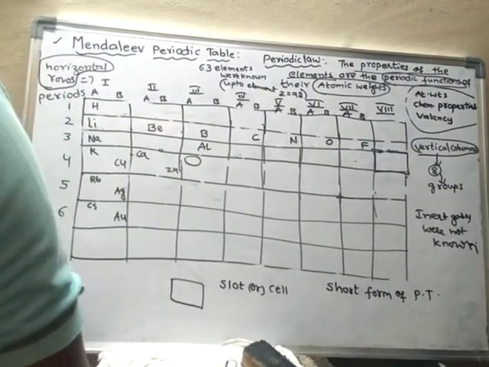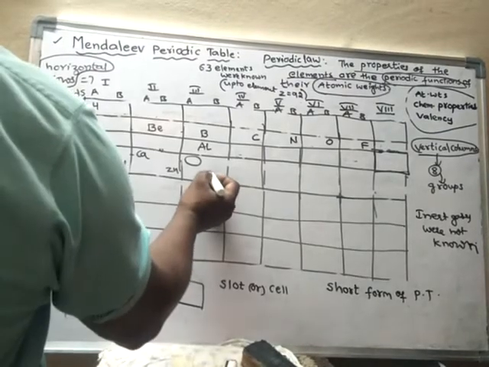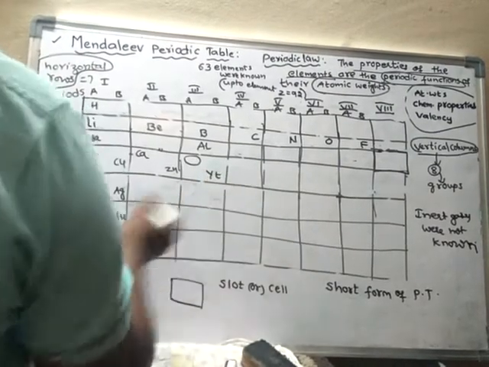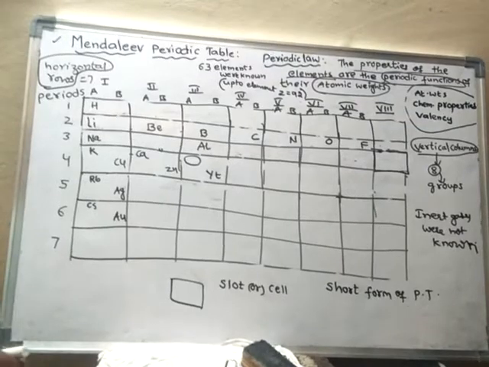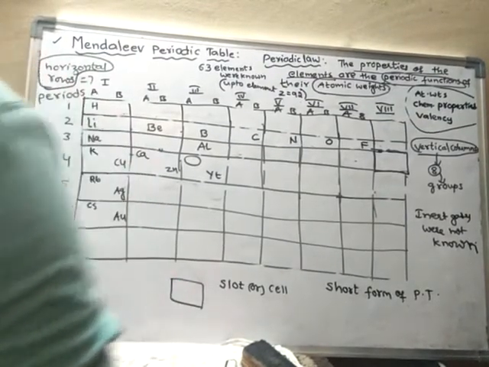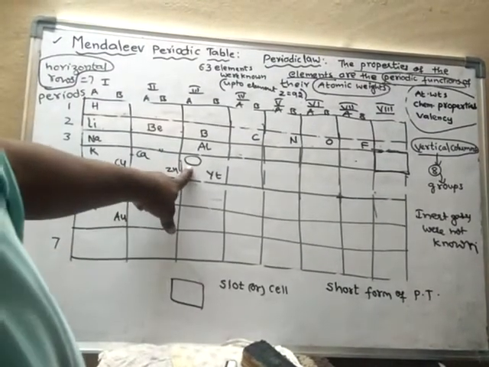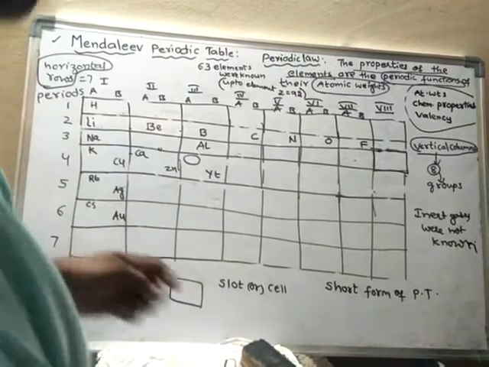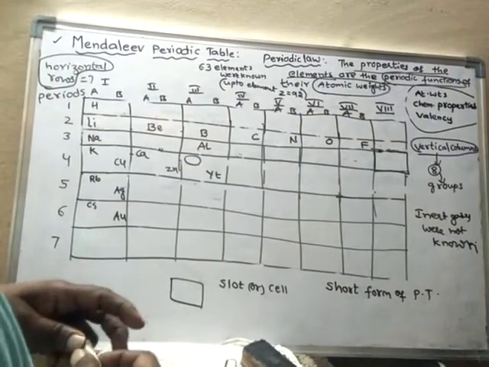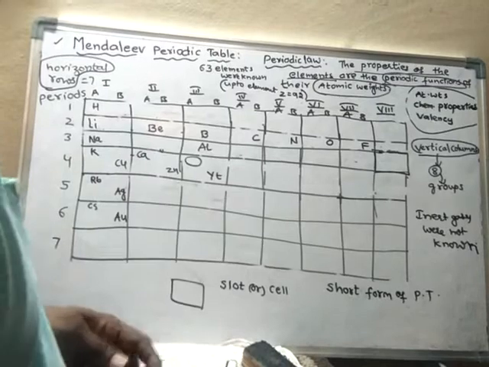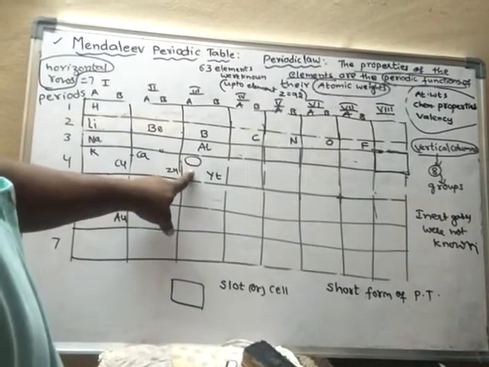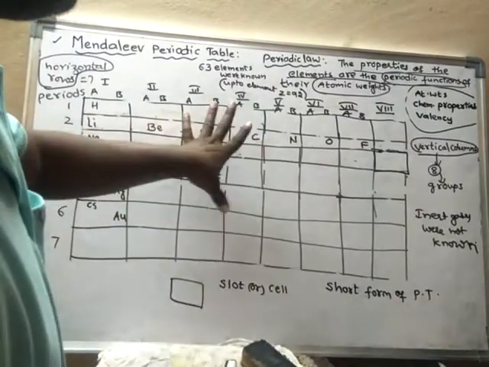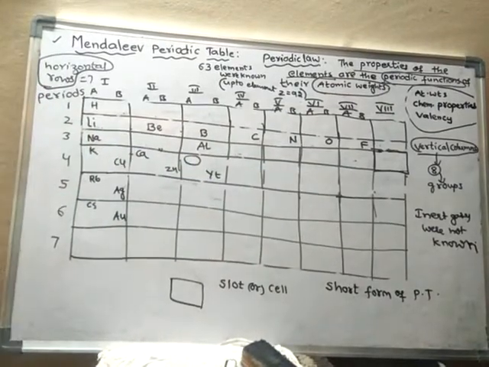And yttrium, here yttrium. So like this, here and there he left some gaps. So this is the way he arranged the elements in the periodic table.